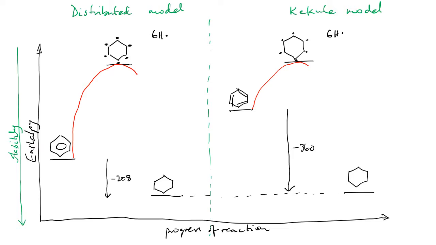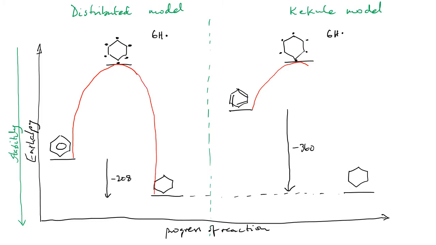More endothermic to break those bonds, because it starts off lower down the enthalpy axis, because the electrons in the pi rings are distributed and therefore less densely negatively concentrated. But the exothermic process, the bond forming process, is the same.